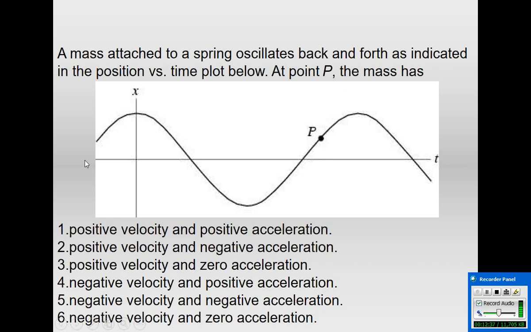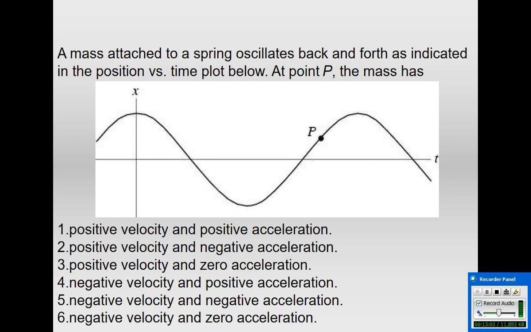Now take a look at the plot on this screen. It's a plot of displacement versus time. And I want you to consider the instant in time denoted by point P. And I want you to visualize what must be happening to the mass. Is it speeding up or slowing down? What can we say about whether the acceleration is positive or negative, whether the velocity is positive or negative?